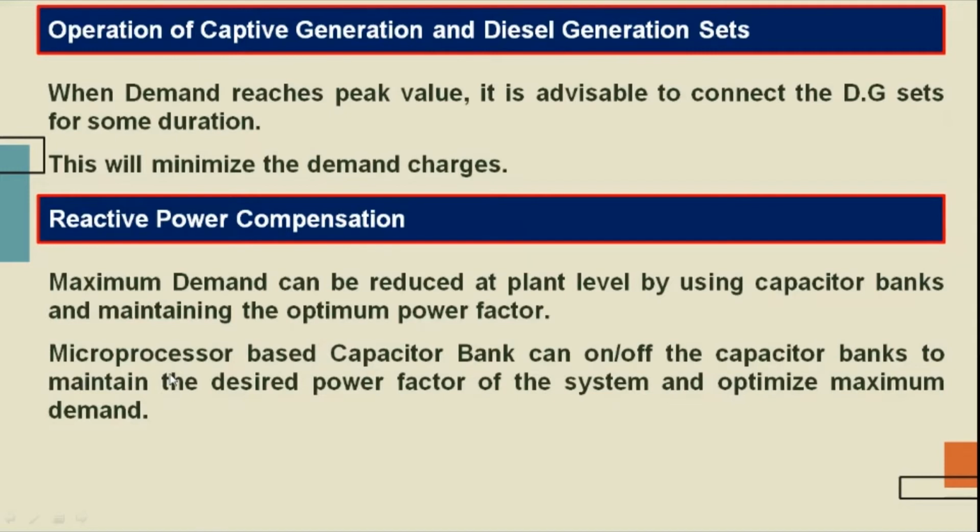There are microprocessor based capacitor banks which can switch on and off the capacitor bank whenever it is desired in the system. Like whenever your inductive load will be more in the system, naturally your power factor will be deteriorating, right? Your power factor will degrade whenever there will be more amount of inductive loads in your system.